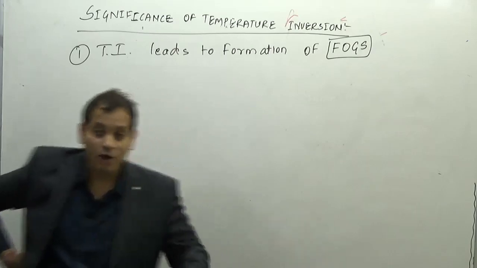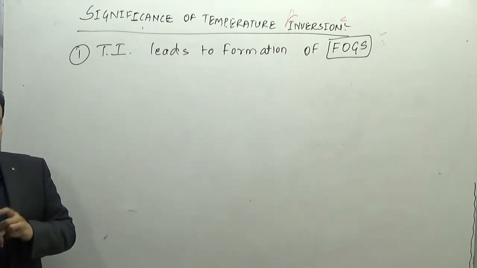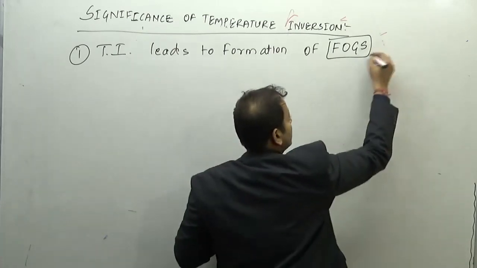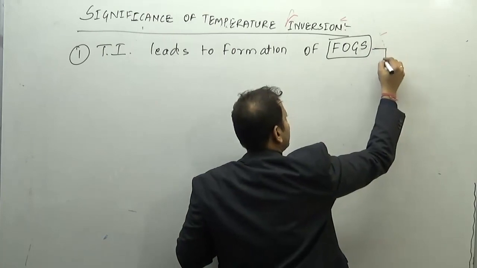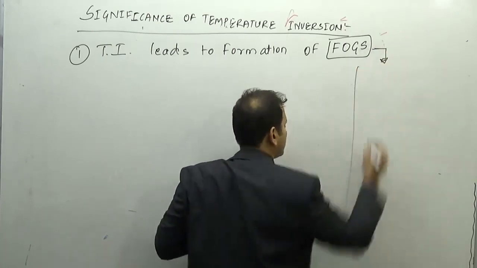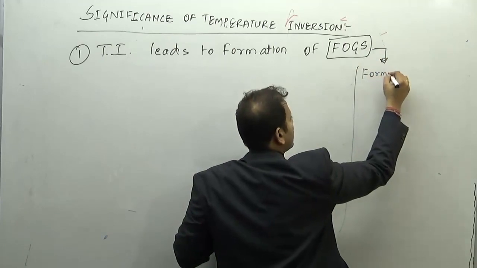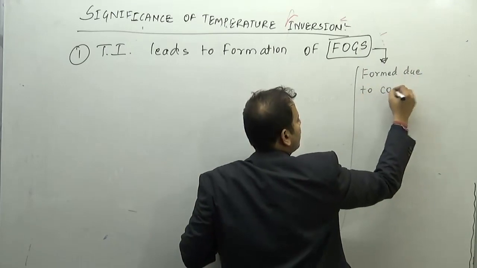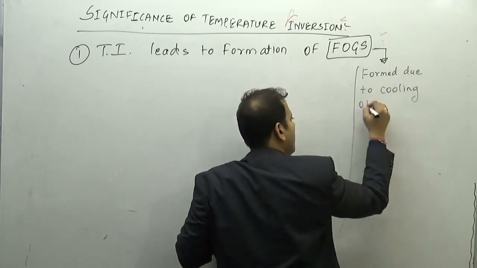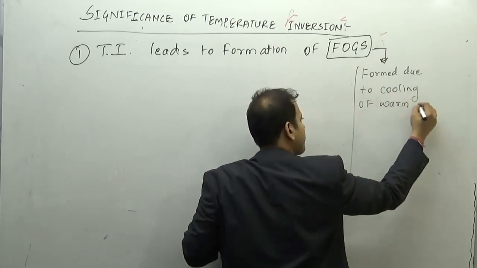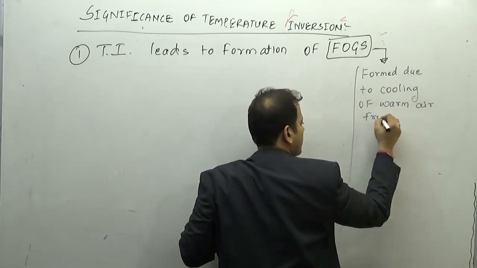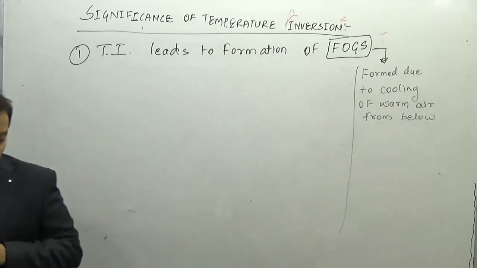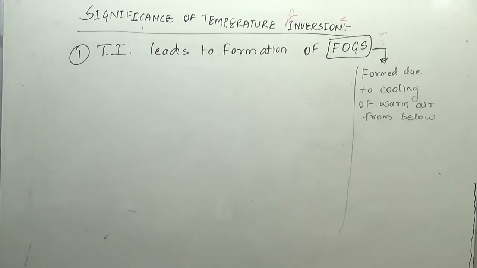Fog is formed when the warm air, when is the fog formed? It is formed due to cooling of warm air from below.